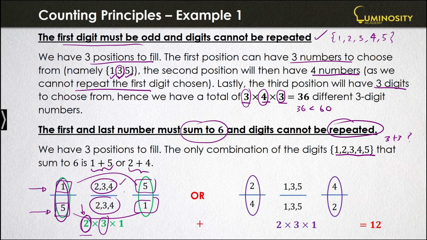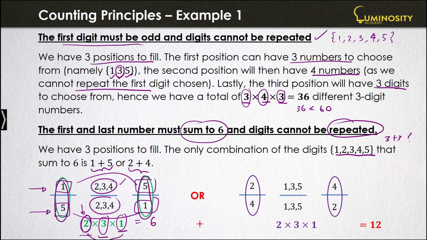So there are only 3 possible numbers. That's where the second position comes from. And then the last position is only one number, because there's only one number that will satisfy that number plus the first number being 6. So there are 2 times 3 times 1, a total of 6 objects for that choice.